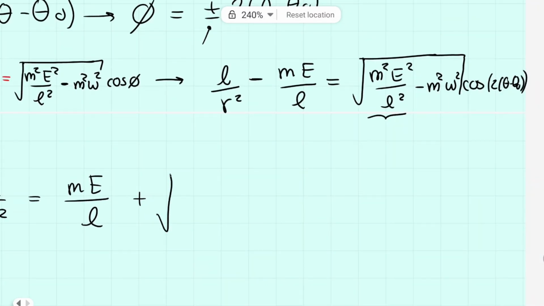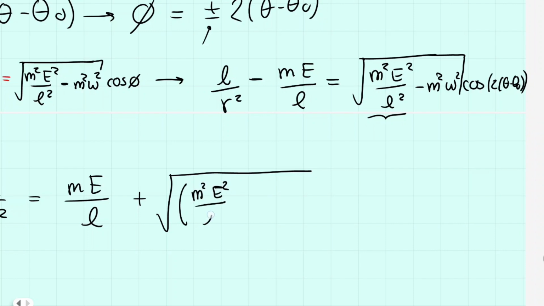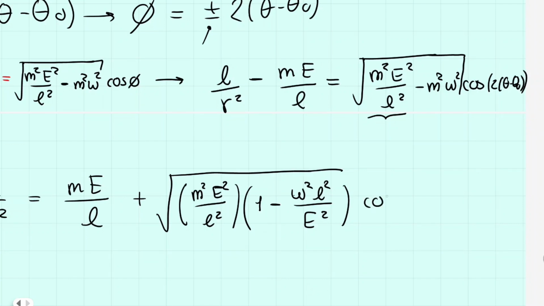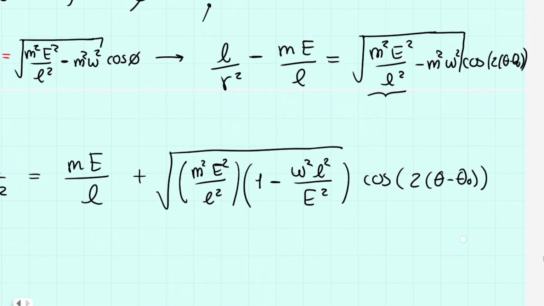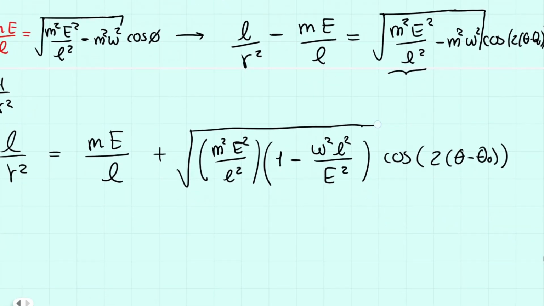This is going to be the square root of M squared E squared over L squared times 1 minus omega squared L squared over E squared. And this will multiply cosine of 2 times theta minus theta 0.